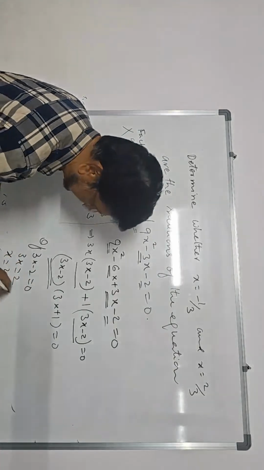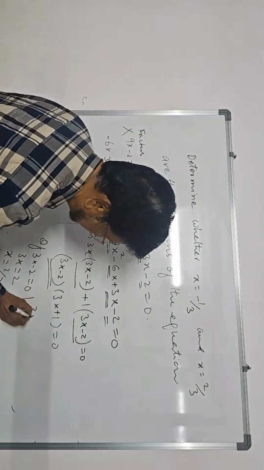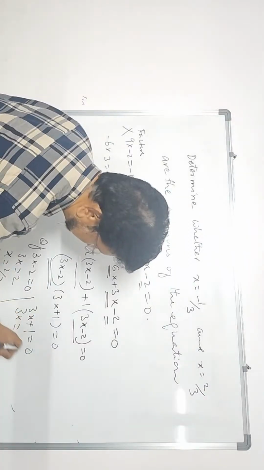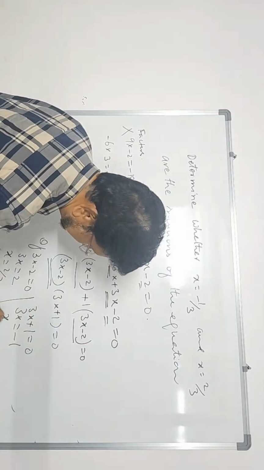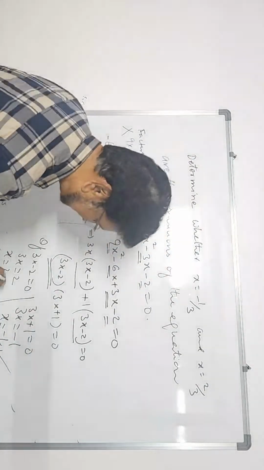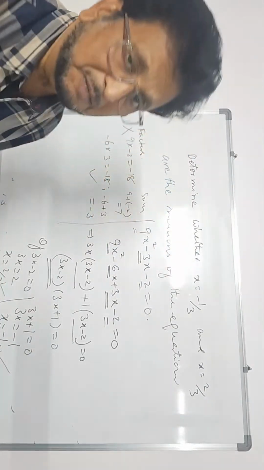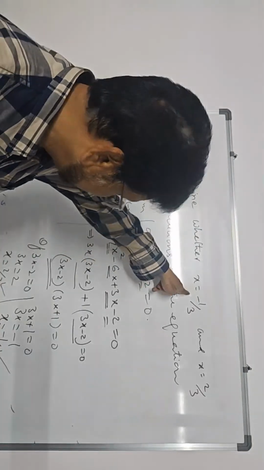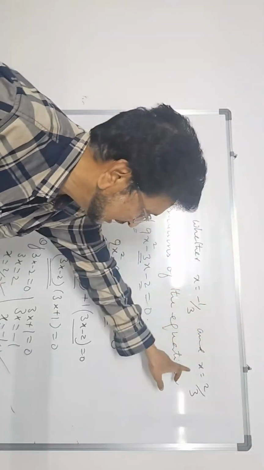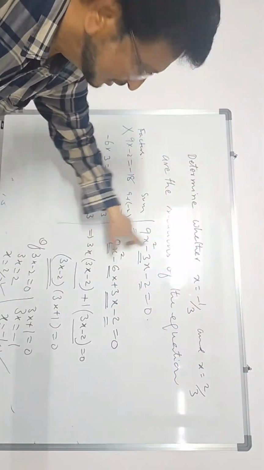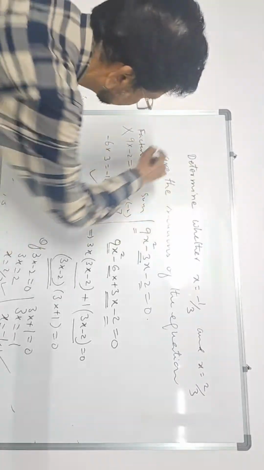First answer we got. 3x plus 1 is equal to 0, 3x is equal to minus 1, then x is equal to minus 1 by 3, this is the second answer. 2 by 3 is the first answer, minus 1 by 3 is the second answer. Whether this is given or not? Yes, minus 1 by 3, 2 by 3 is given. These two are the solutions of this quadratic equation. The given question is right.